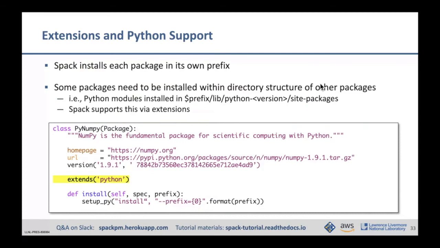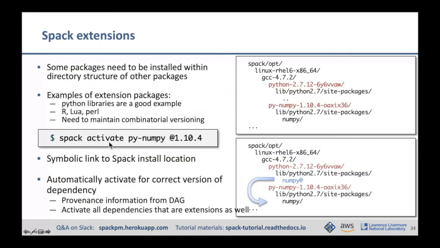So instead of saying they depend on Python, you'll see more about this in the packaging tutorial, we can say they extend Python. And if I install one of those, it'll get linked into the interpreter prefix if I activate it. So there's this spack activate command that you can use. We're not going to demo this in the tutorial, but basically if you want something like NumPy to be in your Python environment by default, you can activate it, and we'll just symlink it into the interpreter prefix. And then if you run Python, it'll be there by default.